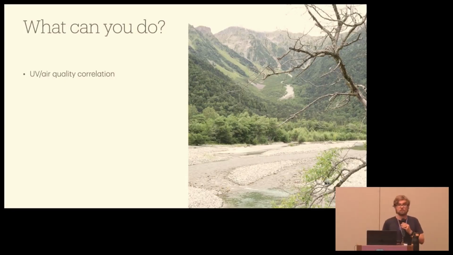You could do UV or air quality. You could correlate those things together. You could track them independently. You could track wildlife. Maybe if you have wildlife in your yard, you could point a camera at it and identify, I've got this many deer, I've got this many foxes or what have you, or birds. You could track bird types or number of birds in your yard.